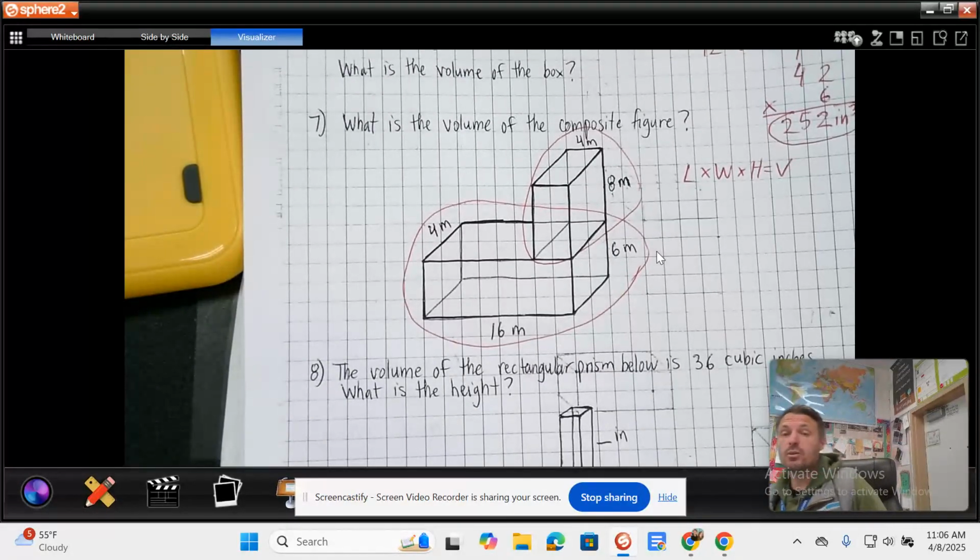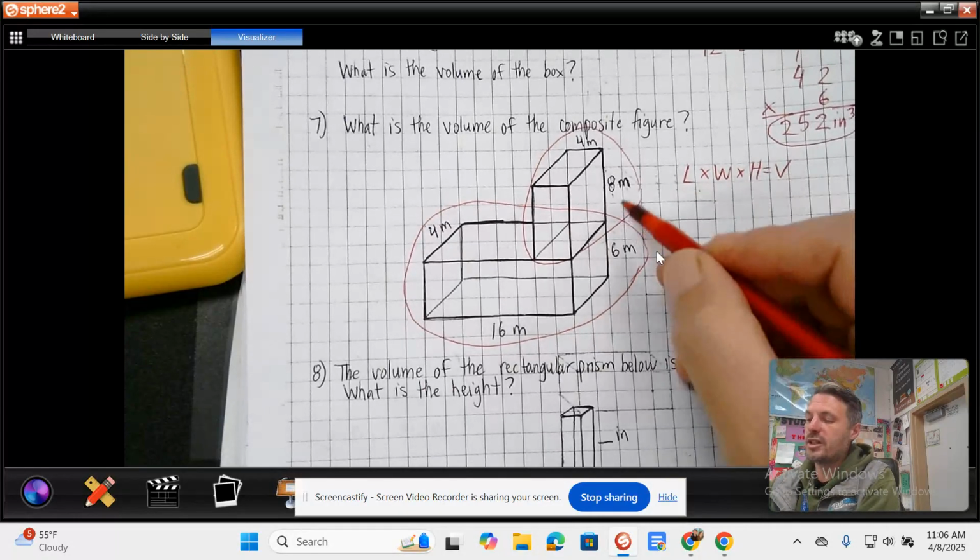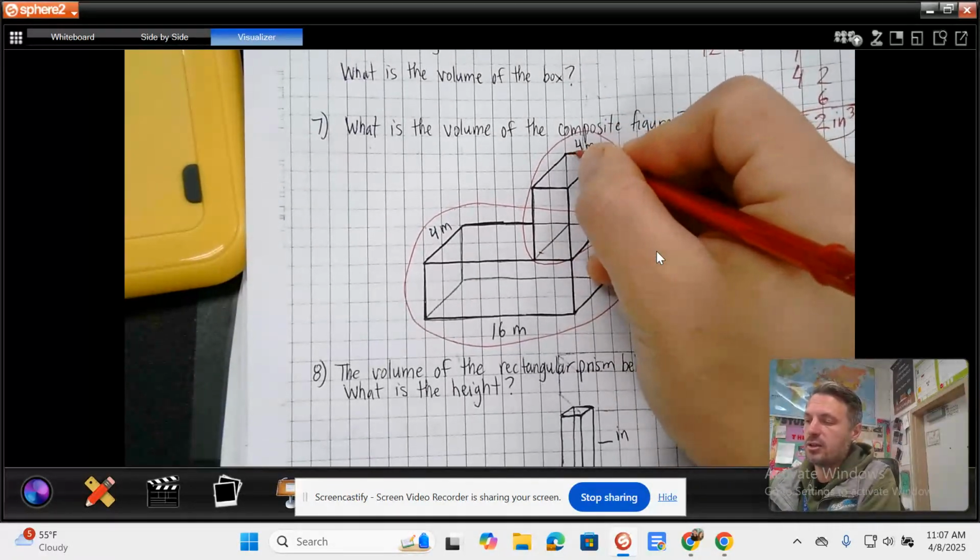Let's see if we can find the length, the width, and the height of each one. Sometimes you have to investigate with these composite figures because it doesn't always tell you exactly what the length, width, and height are for each one, because sometimes you can find one of those numbers on the other figure. For instance, for this top one, it gives you the length right here.